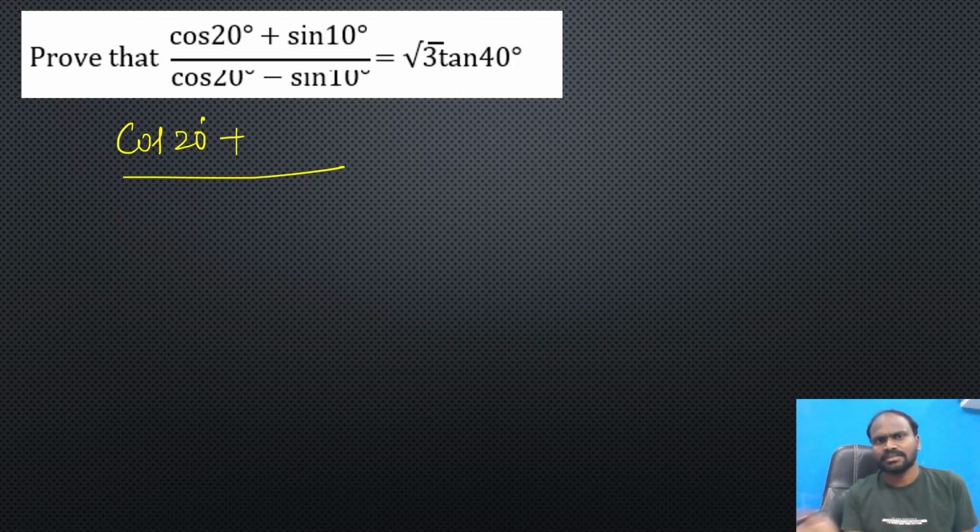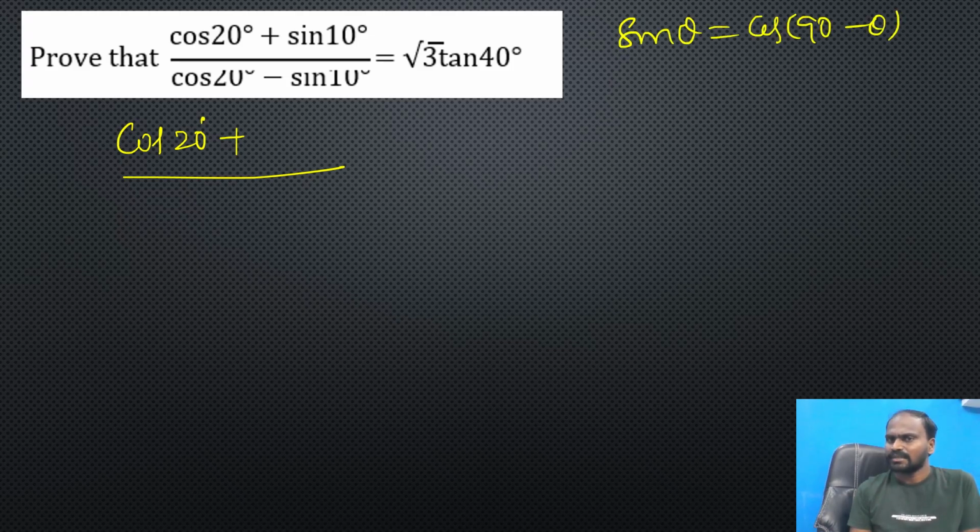Convert one of them into either cos or sin, that is better, right? Sin theta can be written as cos of (90 minus theta). So sin 10 is cos of (90 minus 10), which means cos 80. This also gives cos 20 minus cos 80.